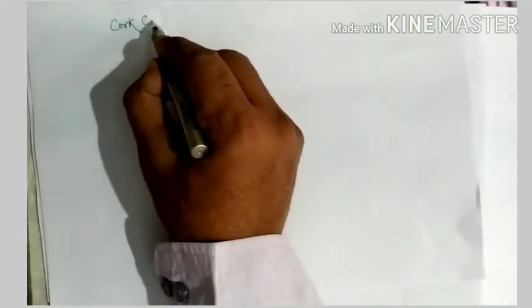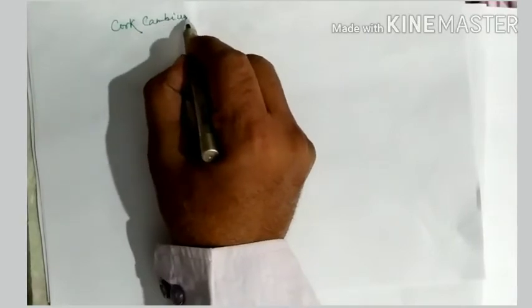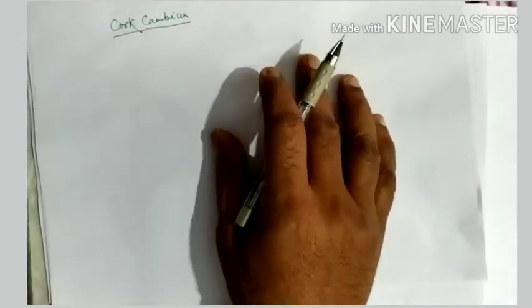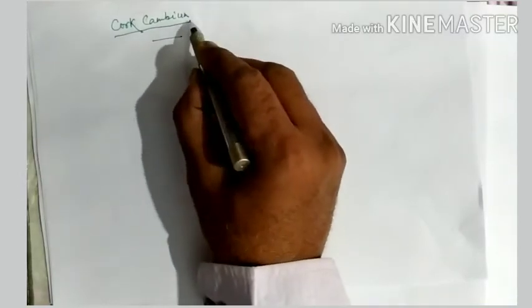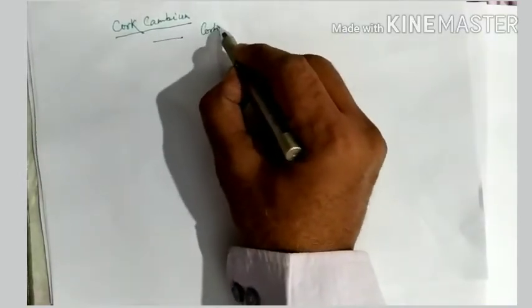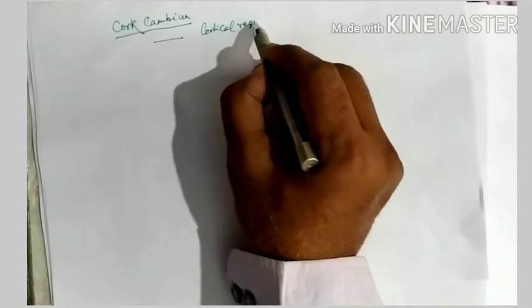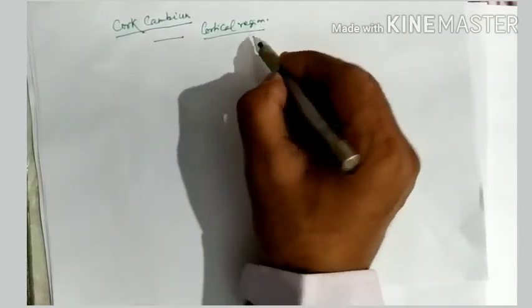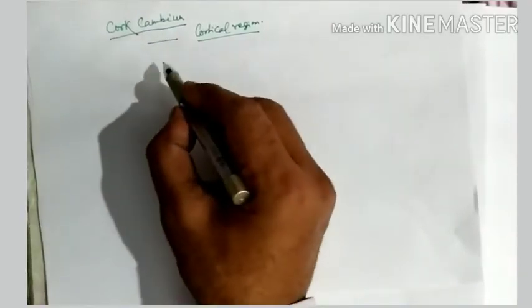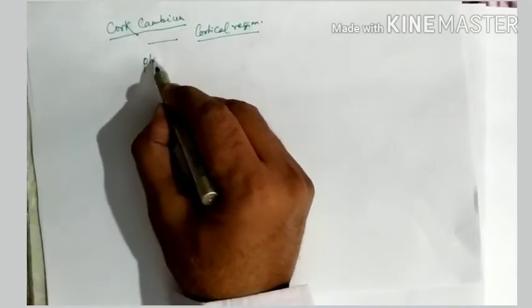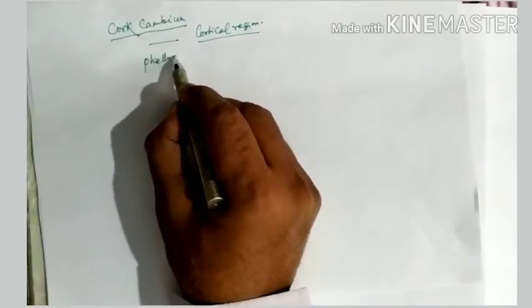It is formed in the cortical region. The cork cambium is also called phellogen.